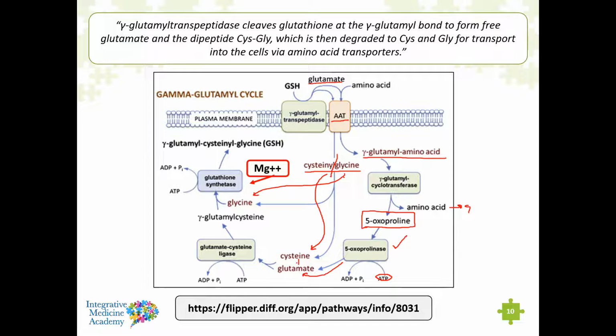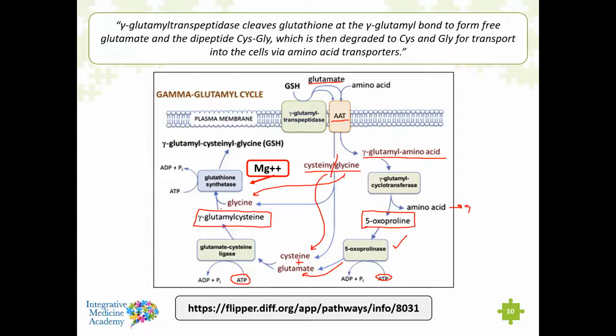The glutamate and cysteine come together under the direction of glutamate cysteine ligase, okay, and with another ATP as part of the process. And it forms the rate limiting step chemical called gamma-glutamyl cysteine.